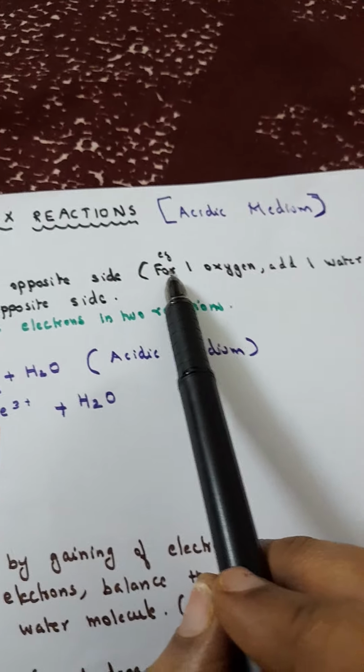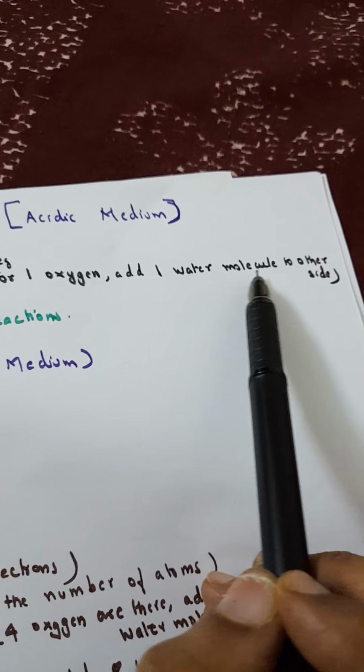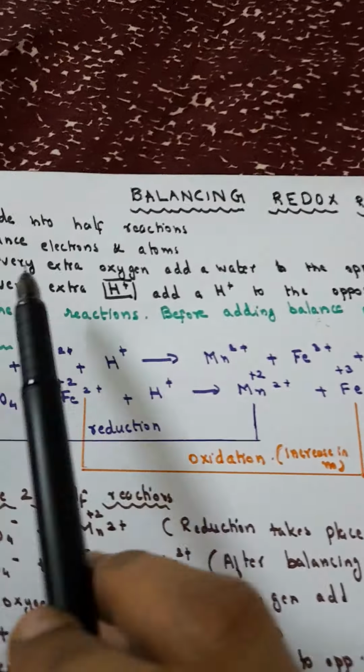For example, for one oxygen, you have to add one water molecule to the other side. The next step is for every extra hydrogen, you have to add a hydrogen ion H plus to the opposite side.